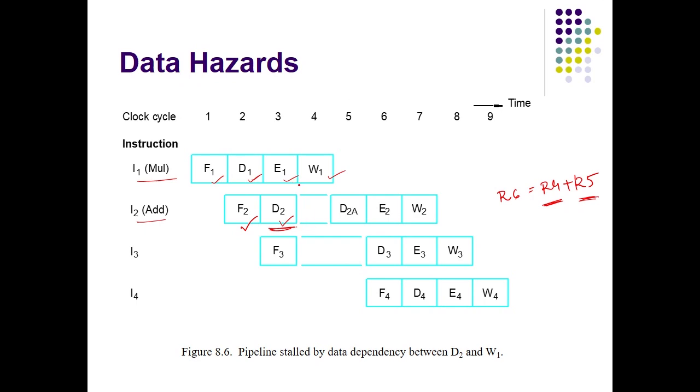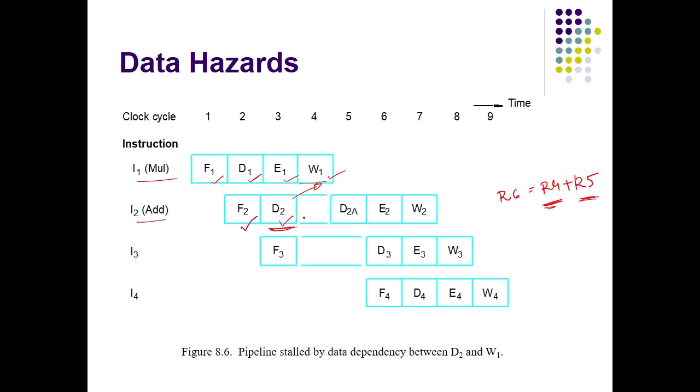But it will realize that R4 is not yet written to the register file. Therefore, it should wait until the write back phase is completed by the previous instruction.